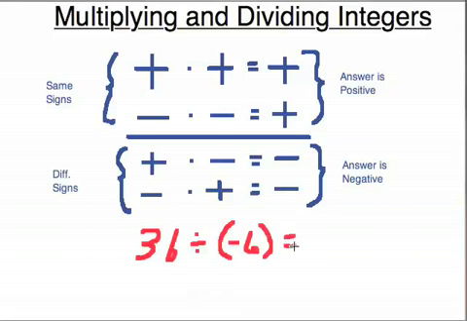Positive 36 divided by negative 6. And remember, these rules apply also to division. Okay, so I've got a positive divided by a negative. The signs are different, the answer will be negative. And 36 divided by 6 is 6. So it's negative 6.